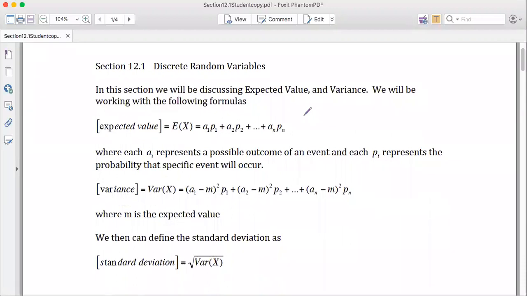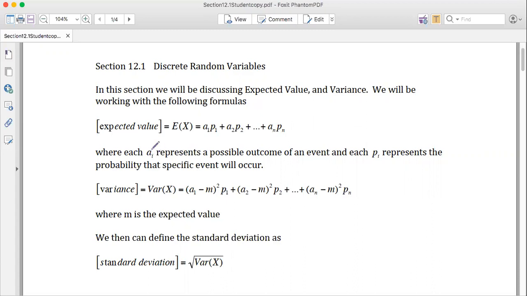The expected value, we call this capital E of x for expected value. And this is given by a sub 1 times p sub 1 plus a sub 2 times p sub 2 plus next would be a sub 3 times p sub 3 plus so on and so forth plus a sub n times p sub n.